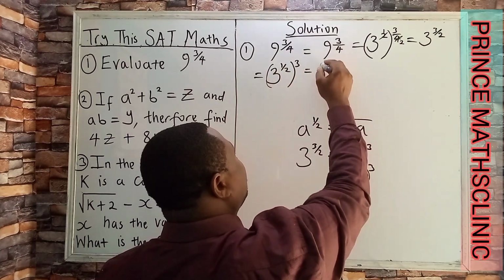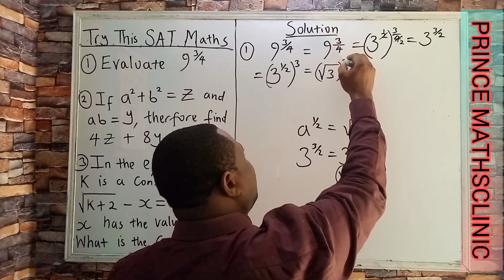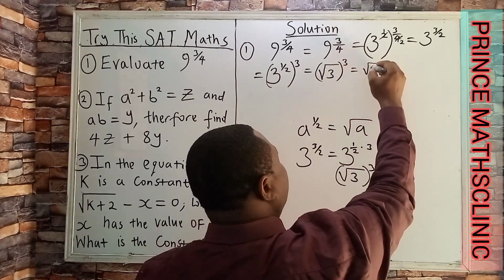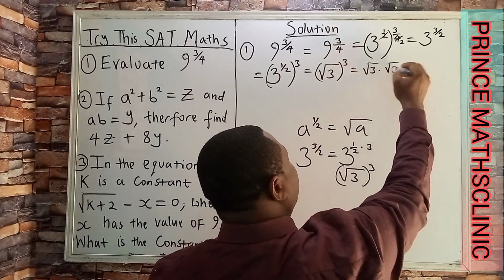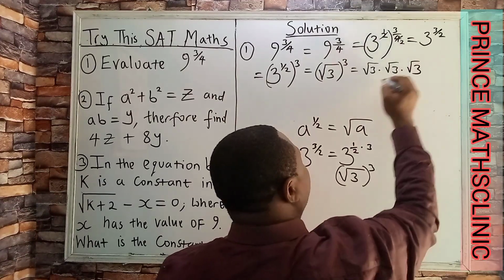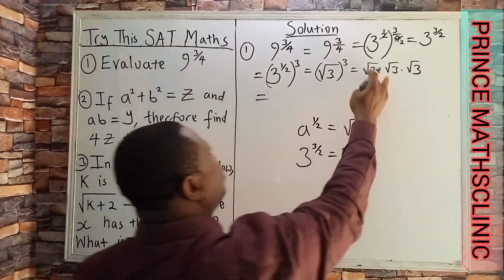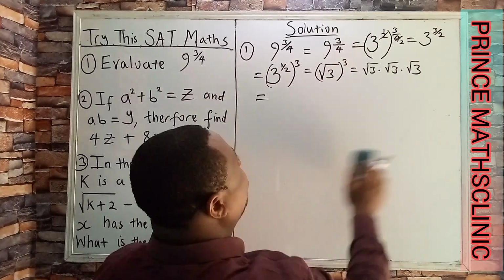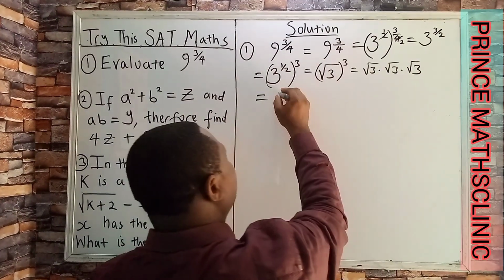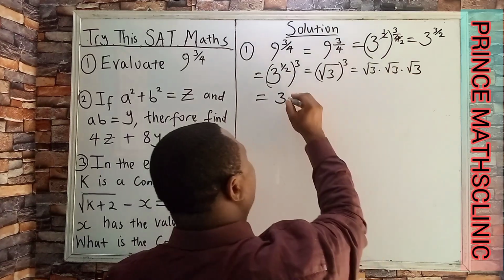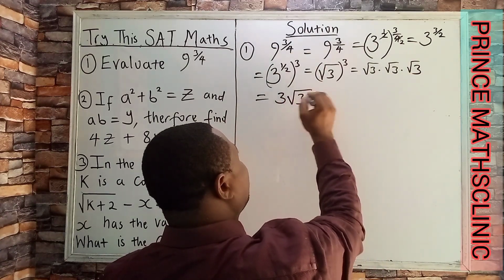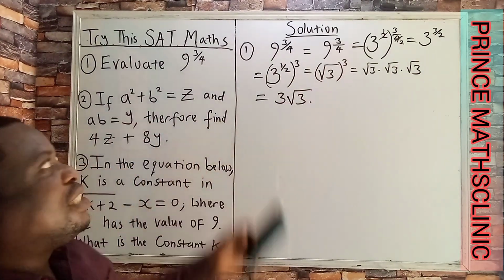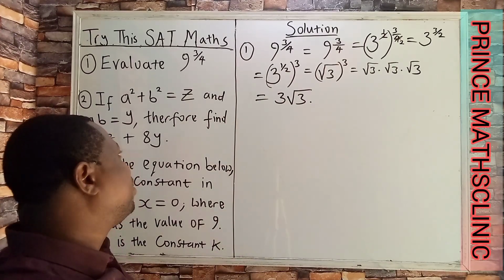Square root of 3 in 3 places, which is square root of 3 times square root of 3 times square root of 3. And we know that when 2 square roots of the same value multiply, it becomes the number inside the square root, which is what? 3. Then we have root 3. That is the answer to this first question.